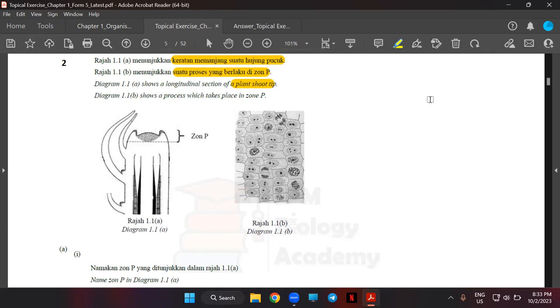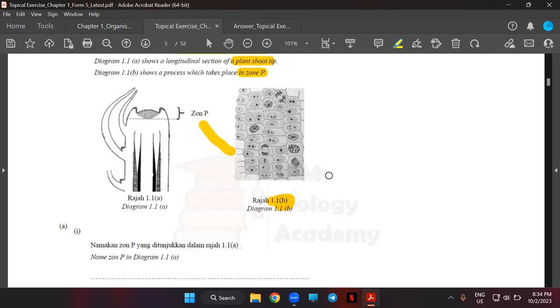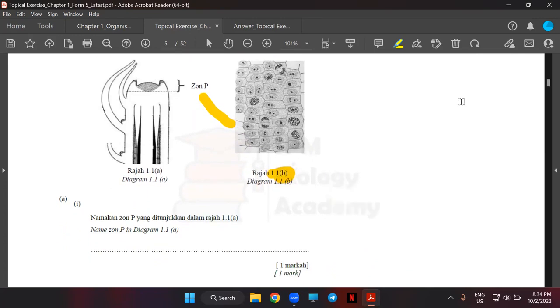Yes or no? Okay. Diagram 1.1b shows a process which takes place in zone P. So we have something called zone P here. Gambar 1.1b menunjukkan proses yang berlaku di zone ini. If you see the picture, I think the picture is very clear.